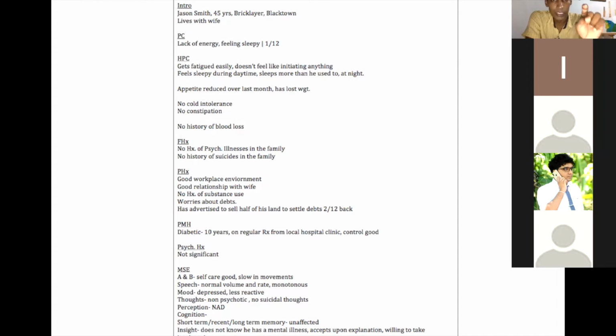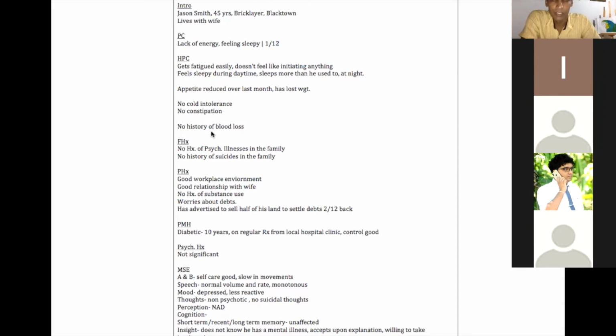I would highly recommend you write in this format, in short, point form. Most students I have seen write in full sentences. You don't have that time in the exam. You will get stressed to write that much of an essay.